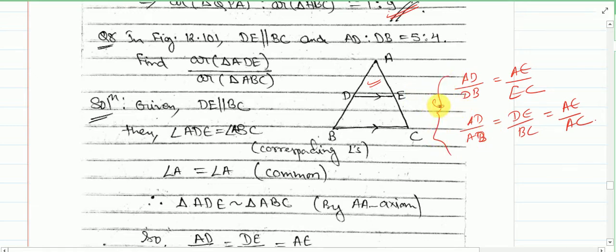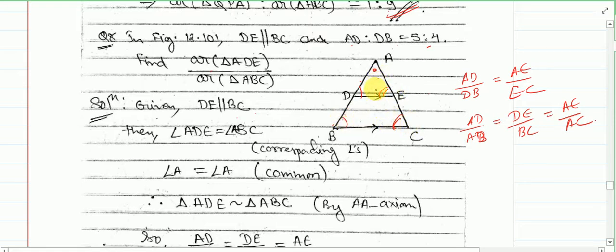So DE is parallel to BC, and next AD is to DB is 5:4. They want you to find the ratio of the areas of triangle ADE and triangle ABC. Since DE is parallel to BC, this will be the common angle, and this corresponding, and this corresponding.